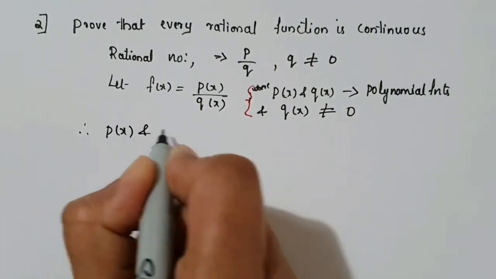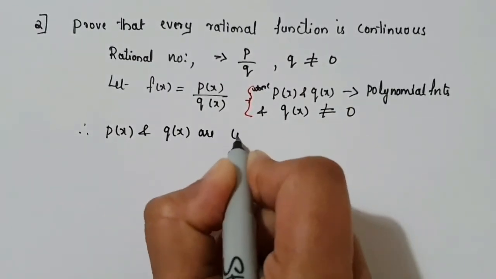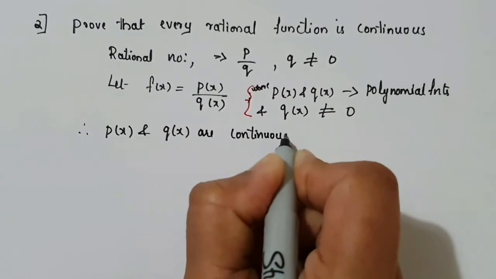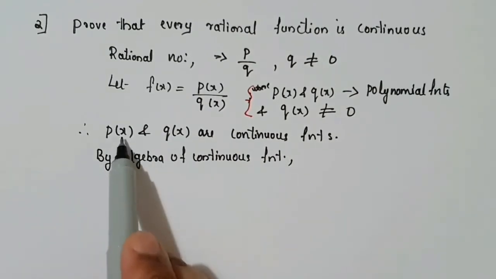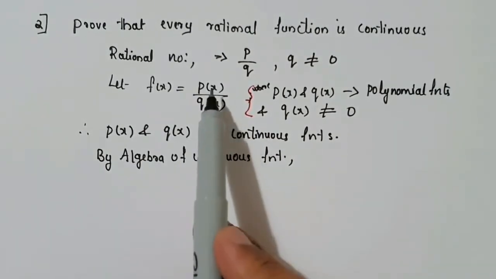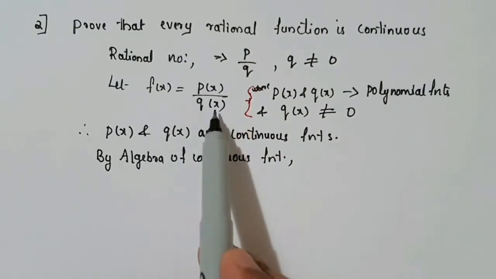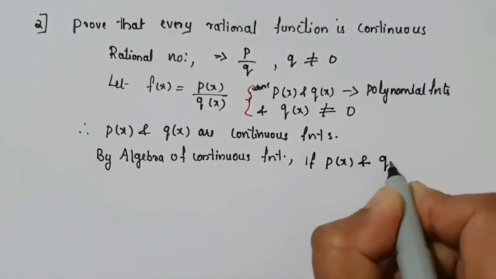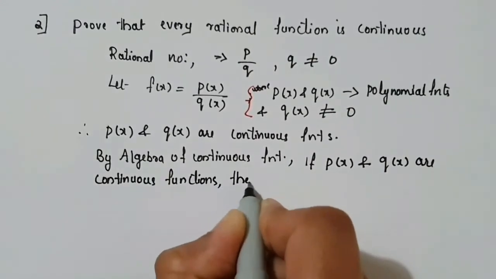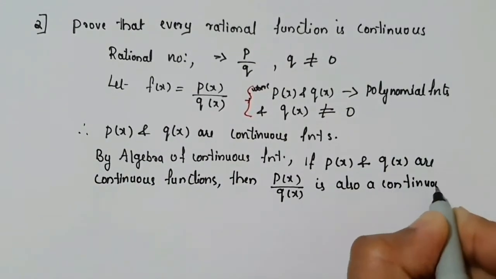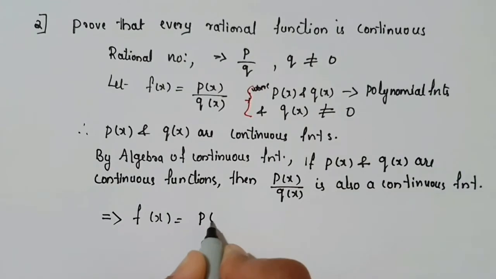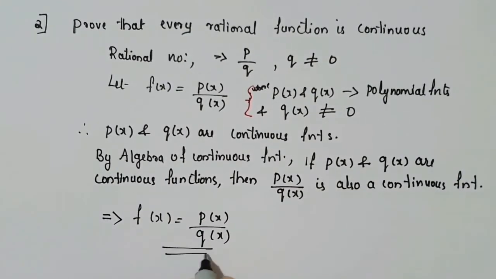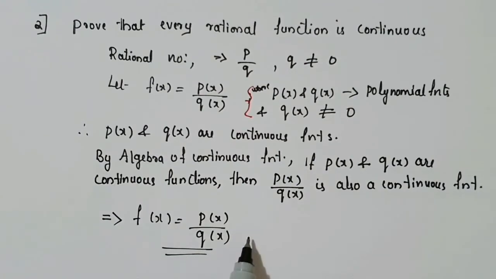Therefore, p of x and q of x are continuous functions. By algebra of continuous functions, if p and q are continuous, then their ratio p by q is also a continuous function. So f of x equals p of x by q of x is also a continuous function for all real numbers except where q of x is equal to 0.